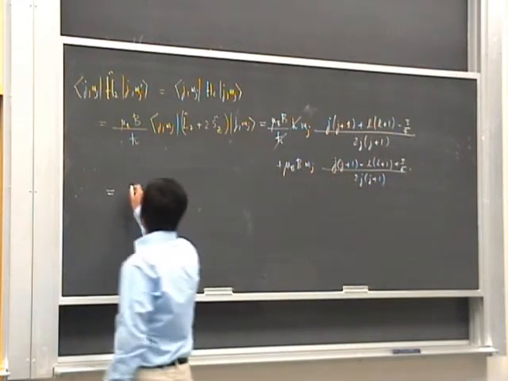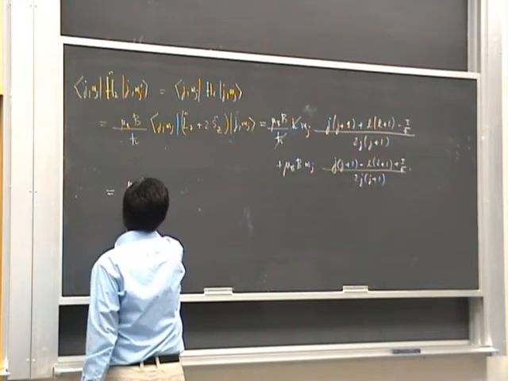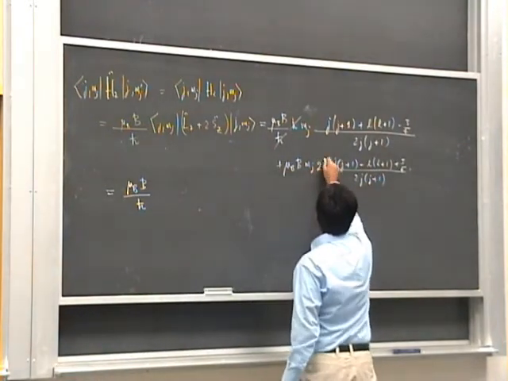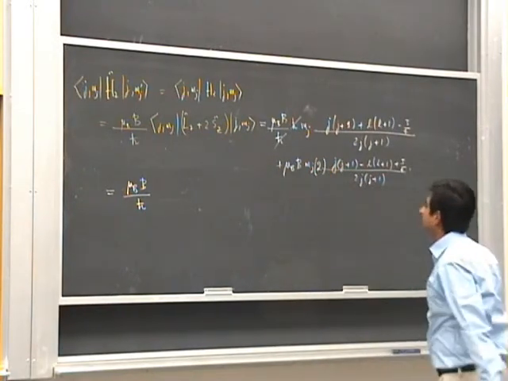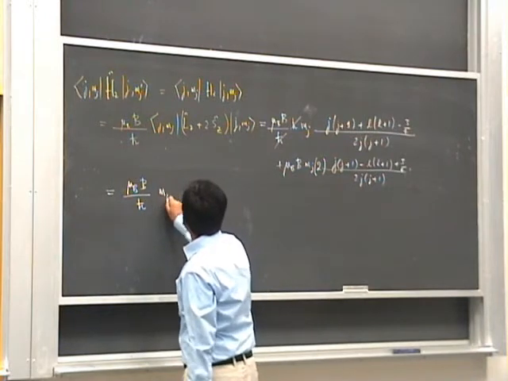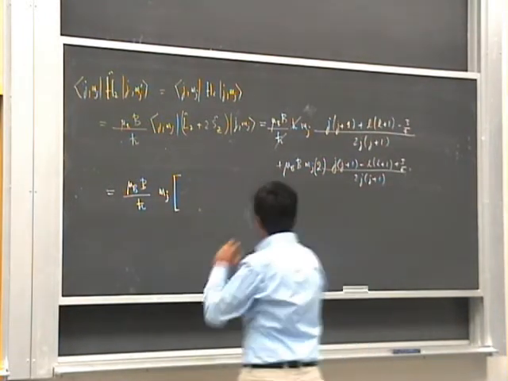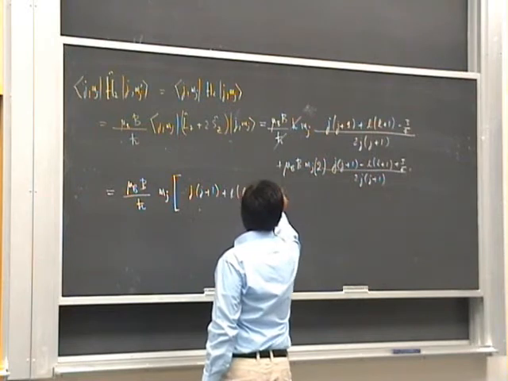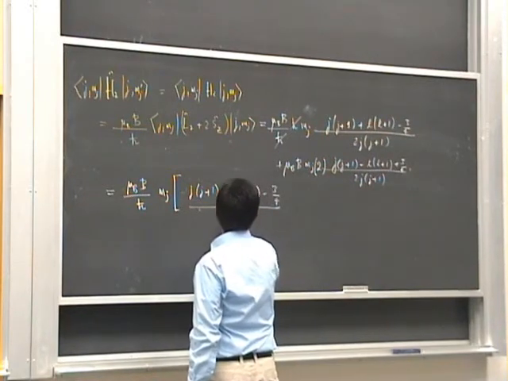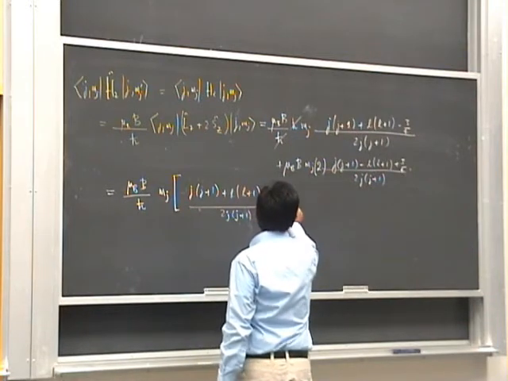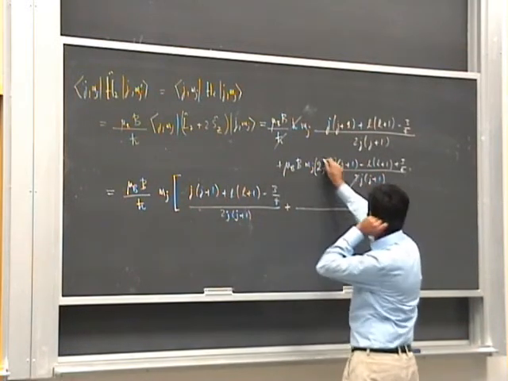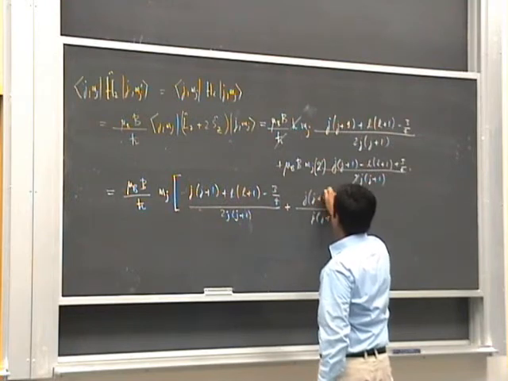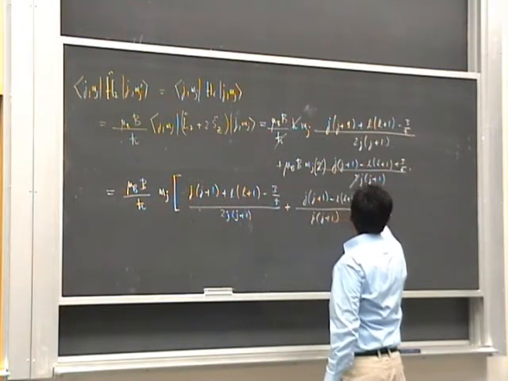Okay, so this turns out to be μB ħ mj, and there is an additional factor of 2 here, times [J(J+1) + L(L+1) − 3/4] over 2J(J+1), plus this 2 cancels with it, J(J+1) minus L(L+1) plus 3/4.